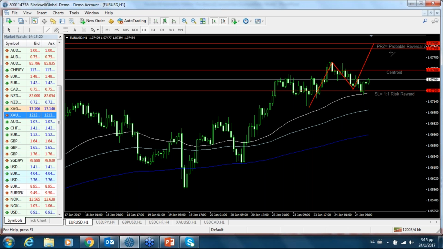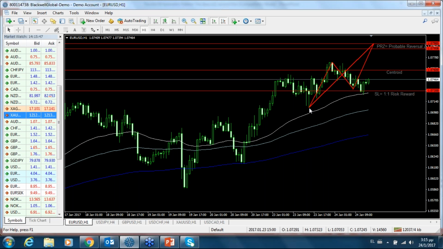That area is marked as the PRZ, or probable reversal zone. If I start off with my ABCD and drag from A all the way to D, that has now been converted to a geometric pattern, because that is a perfect square following Pythagoras rules and principles. Now we have an area there where it crossed.